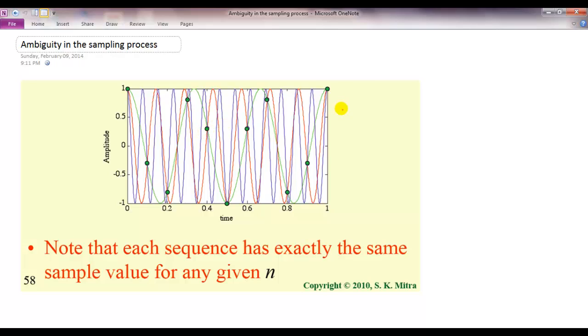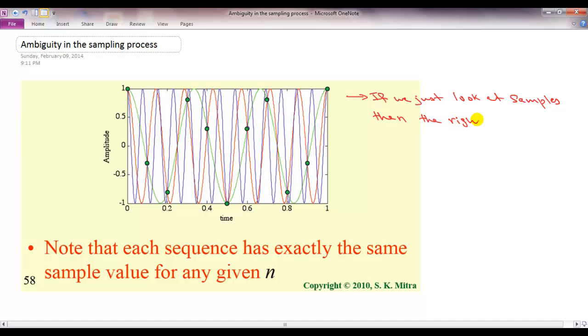So if I just look at samples, then the right approach is to assume 3 hertz frequency.